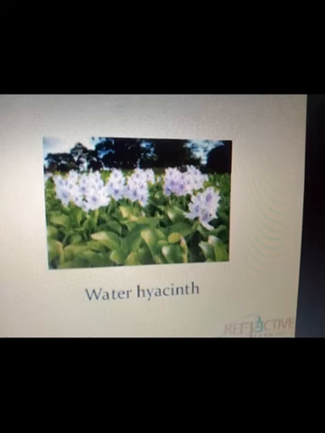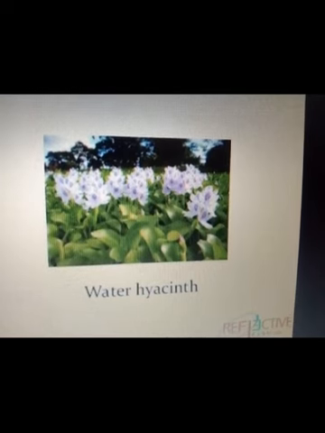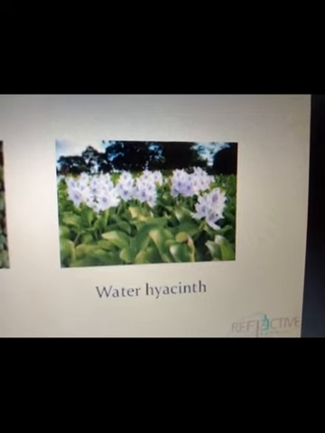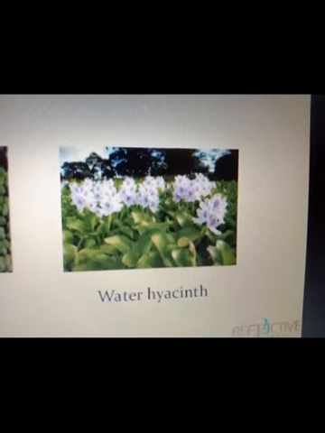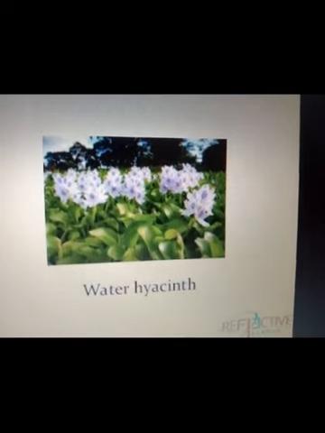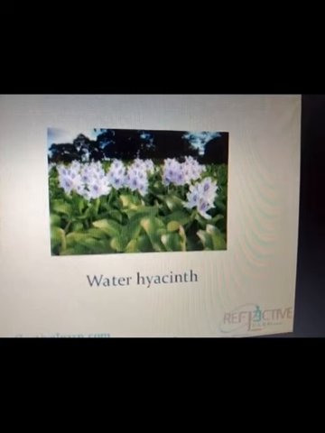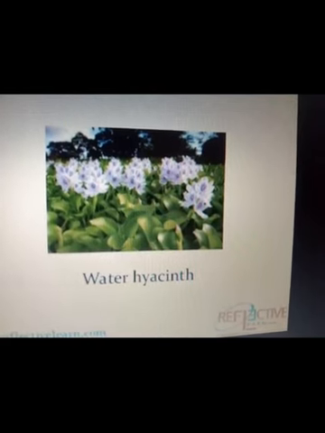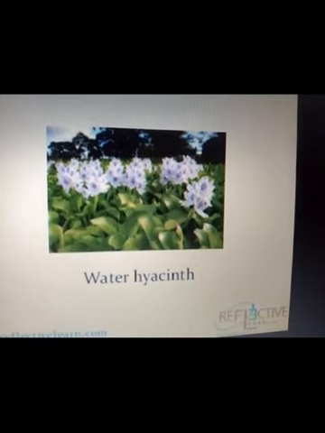An example is water hyacinth. I am showing you the picture of water hyacinth. They float on the surface of lakes and ponds. This type of plant has spongy stems with a large number of air pockets which help the plant to float on water.